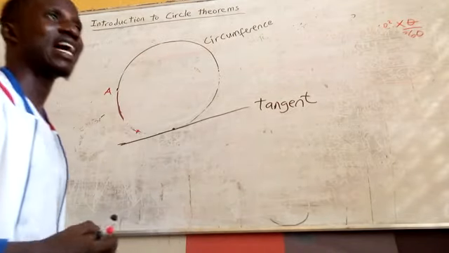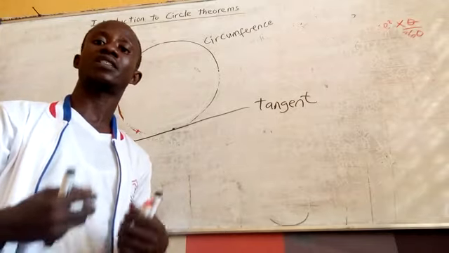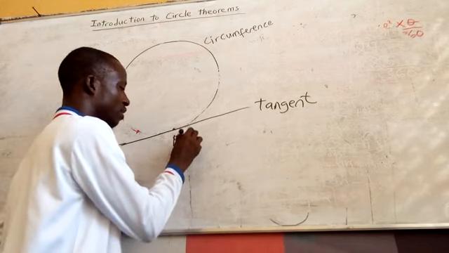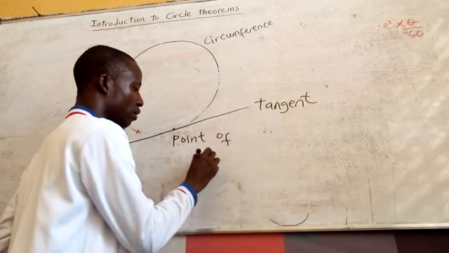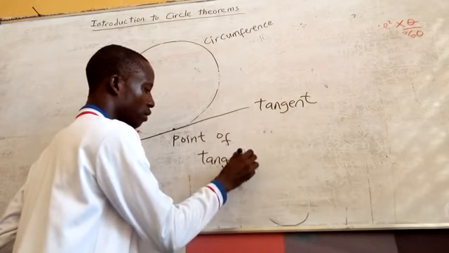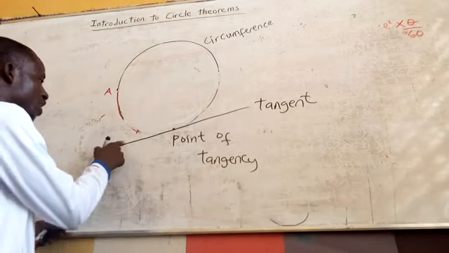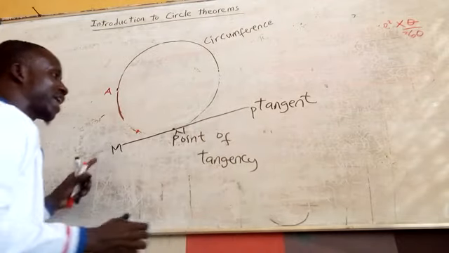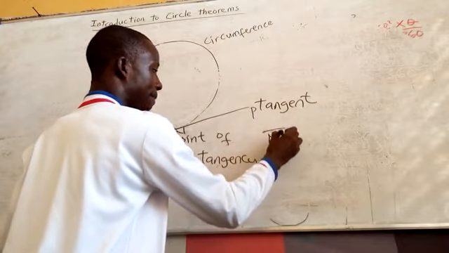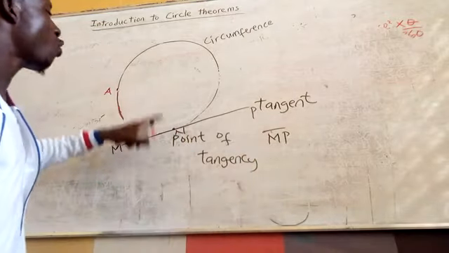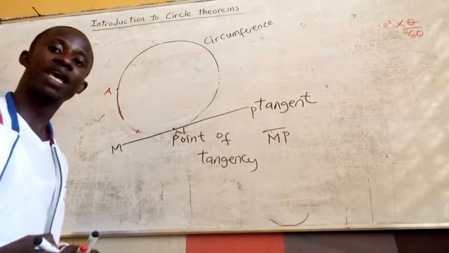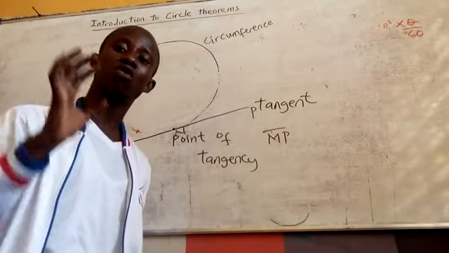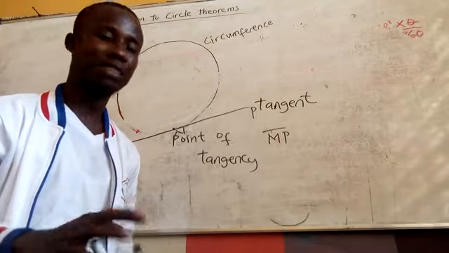A tangent line is a line that touches the circle at exactly one point. And this one point is referred to as the point of tangency. For example, we can name the points M, N, and P. We can say line MP is tangent to the circle at point N, which means point N is the one point where line MP touches the circumference of the circle.